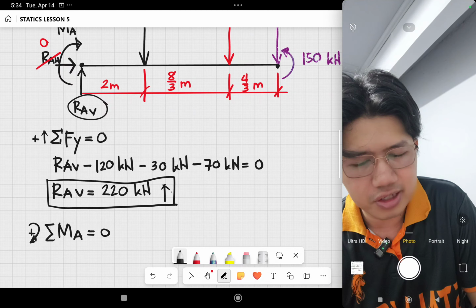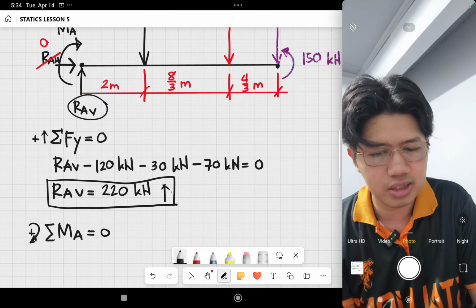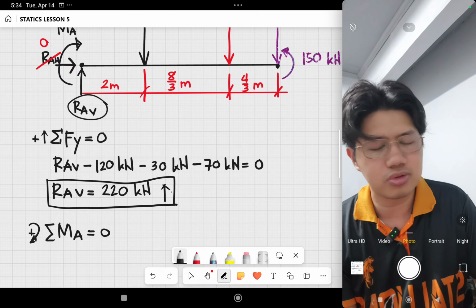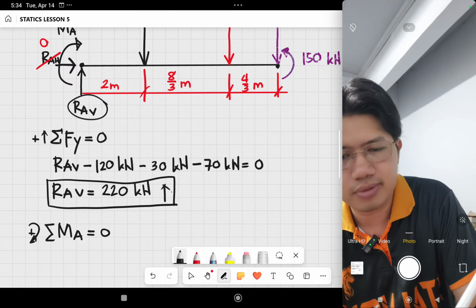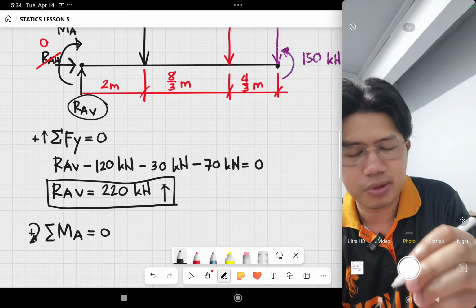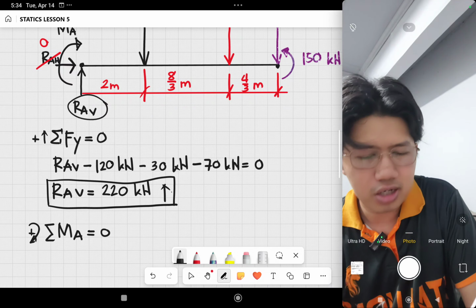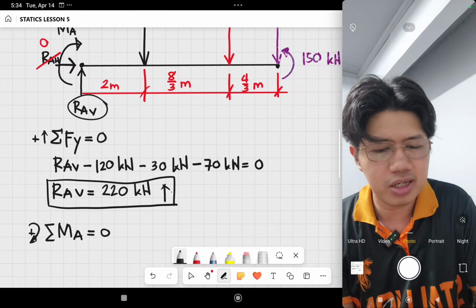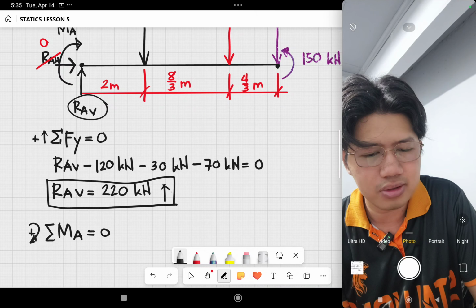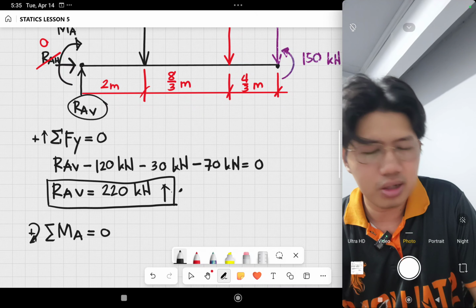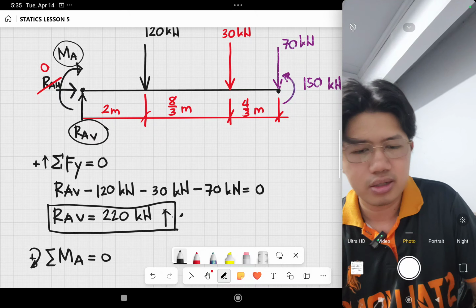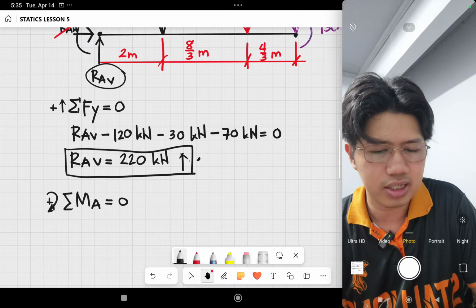Nagkamali ako sa RAV, lilitaw siya sa summation moment at A, yung pagkakamali ko, and then maapektuhan yung buong solusyon. So it is safe na mag-moment ako sa A, kasi pag nag-moment ako sa A, si RAV is wala siyang magiging moment sa A. Okay? So ibig sabihin, even if mali ito, there is a chance na tama pa rin yung makuha kong solution for the reaction moment at A.